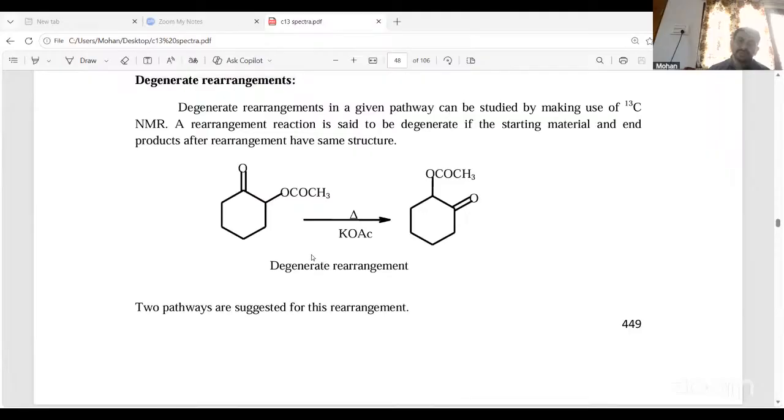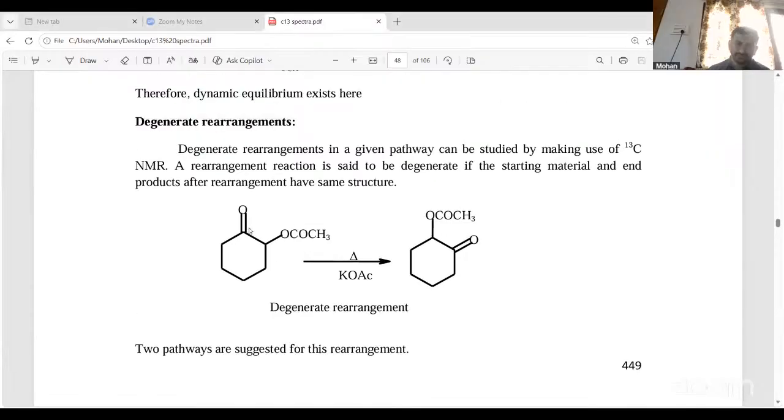So you can predict the reaction pathway with the help of the C13 spectra. For this particular case, the cyclic alpha keto ester is undergoing the degenerate rearrangement reaction in the presence of potassium acetate, right? You see here, this is the reactant and this is the product.